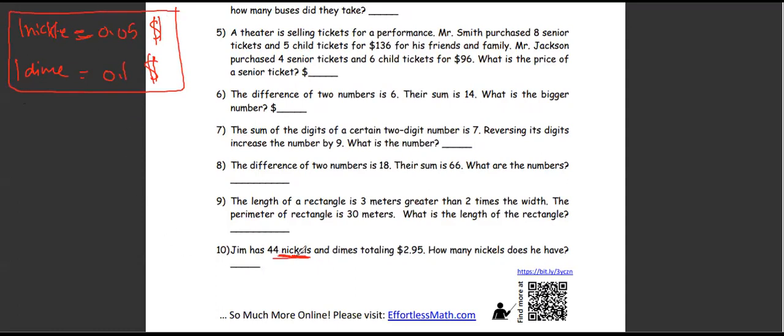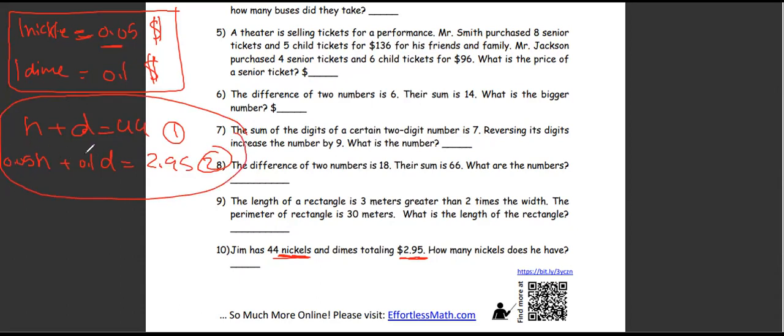So Jim has 44 nickels and dimes. So the nickels plus dimes is 44, and this is our first equation. Totaling 2.95. So the nickel is $0.05, so $0.05 times the number of nickels plus $0.1 times the number of dimes is 2.95.